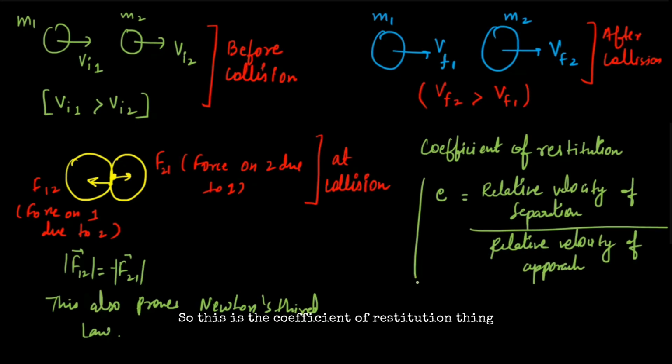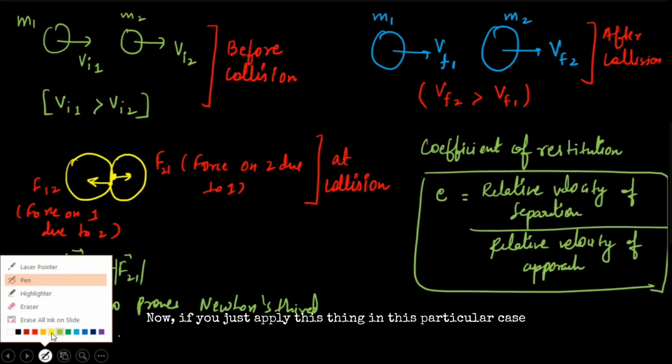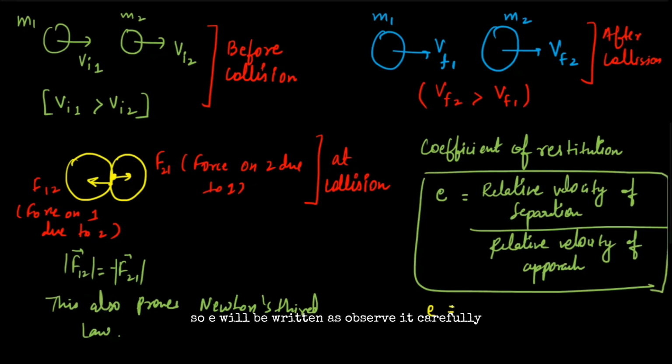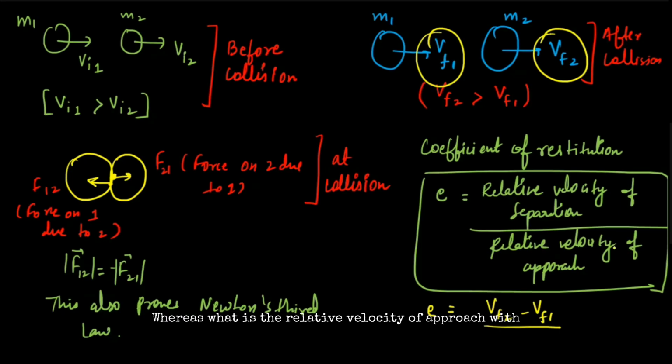Now, if you apply this in this particular case, observe it carefully. What is the relative velocity of separation? With what velocity are they separating from each other? They must be separating with velocity Vf2 minus Vf1. Whereas what is the relative velocity of approach? With what velocity are they approaching? It is going to be Vi1 minus Vi2.